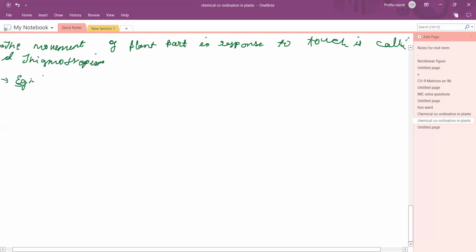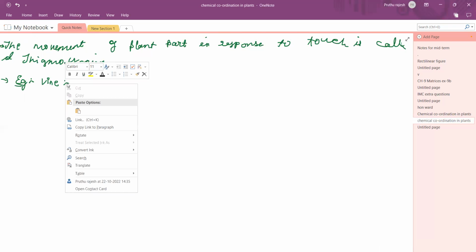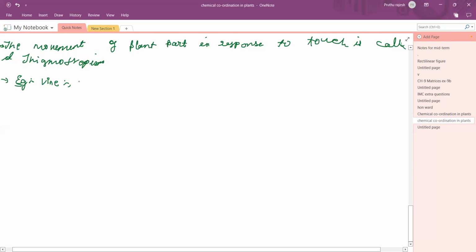One example of this is the vine, not the drinking wine, the vine plant, the grape vine plant. Another example would be your sweet peas, Lathyrus odoratus, etc.